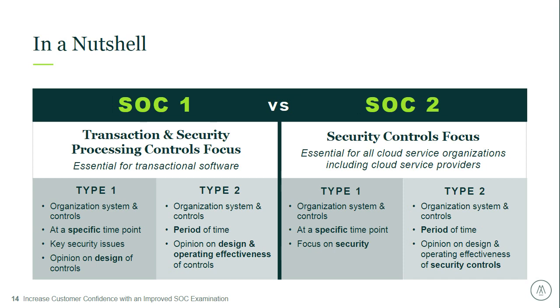All right, so with that, I'm going to actually jump into our third polling question, just to make sure that you guys are paying attention and have a grasp on the previously discussed concepts. So, which SOC report would you recommend for an Infrastructure as a Service, or IaaS, provider? A SOC 1 report, a report that will be used by customers and their auditors to plan or perform an audit of their financial statements.